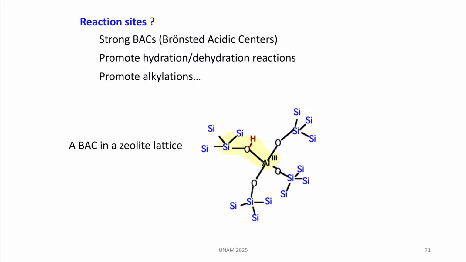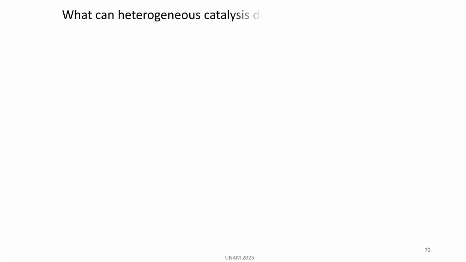These would be SiO Al sites in a zeolite lattice. In a zeolite lattice, a few of the sites are aluminum 3 substituting Si, and the charge deficit, 3 instead of 4, has to be compensated. It can be compensated by a proton. It gives you a very strong acidic site.